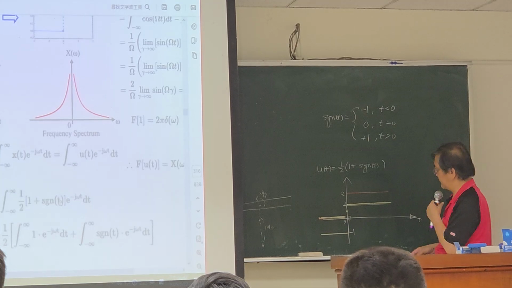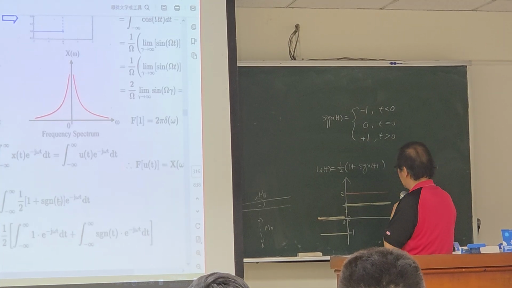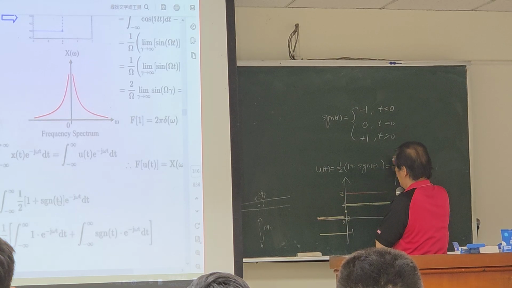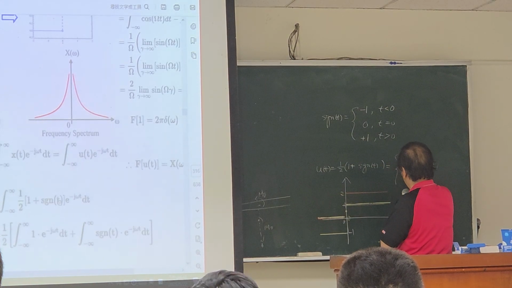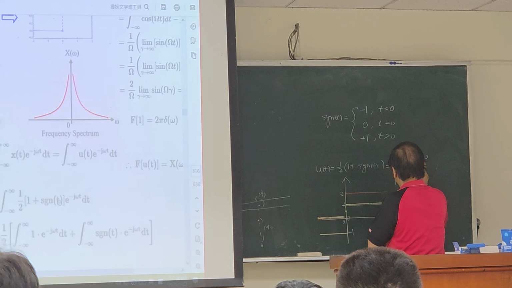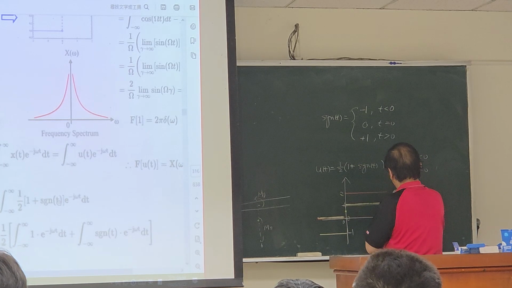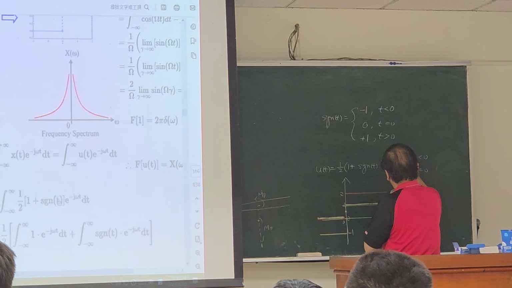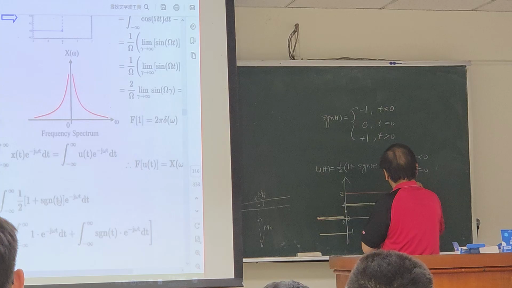So now we have a midpoint at 0.5. This we adjust: when t is smaller than 0 it is 0, and 1/2 when t is 0, and then, sorry, this is 0 and this is 1.